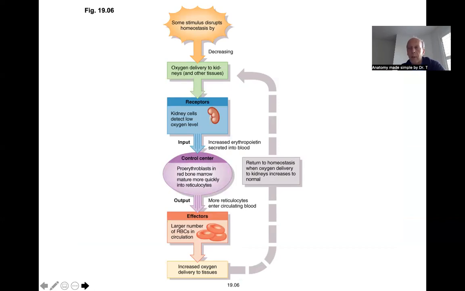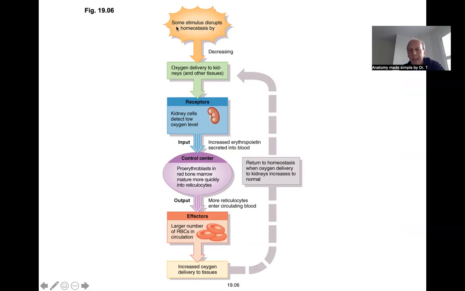Another example of a negative feedback loop, and it explains the role of the hormone erythropoietin in controlling the numbers of red blood cells within the circulatory system.